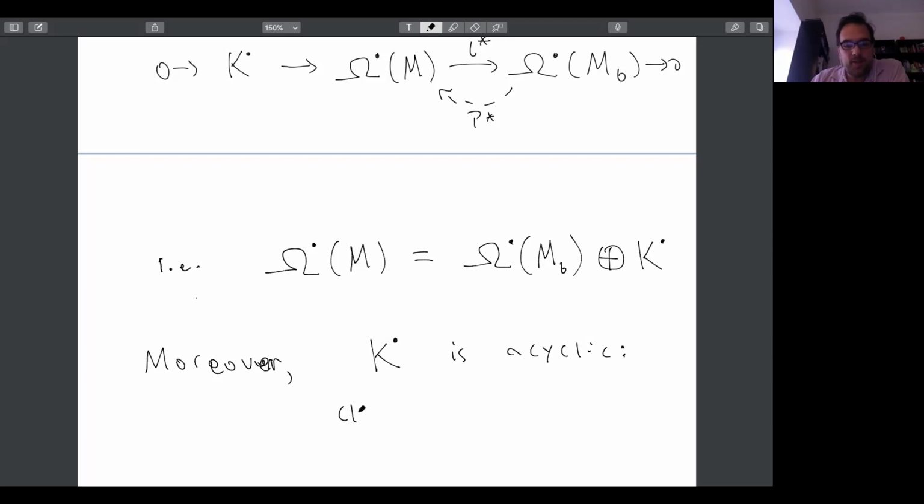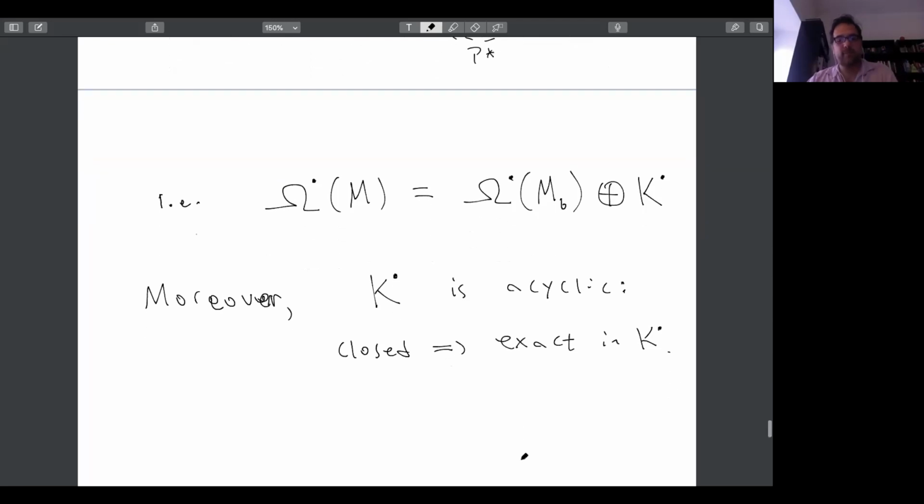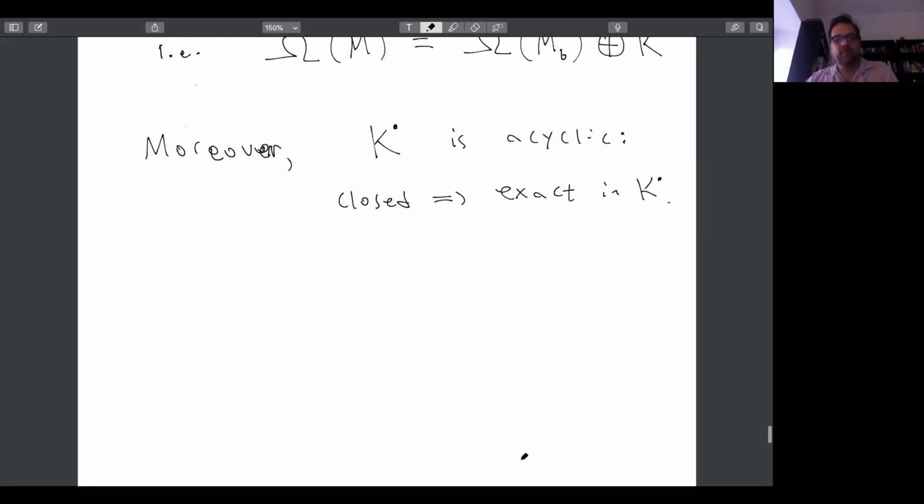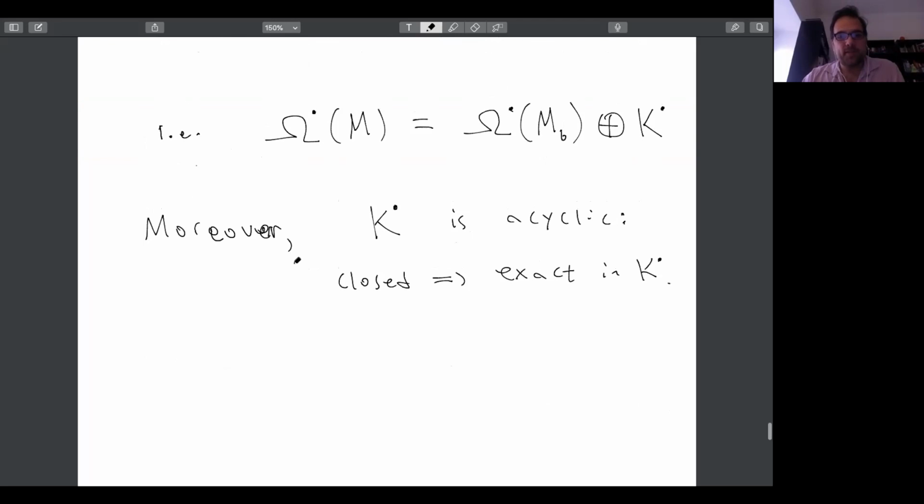So closed implies exact in K. Any questions on this?